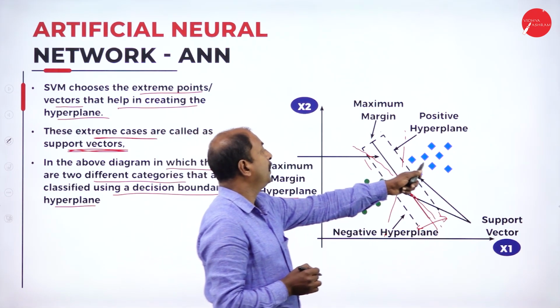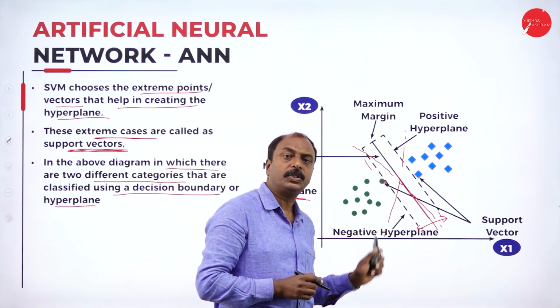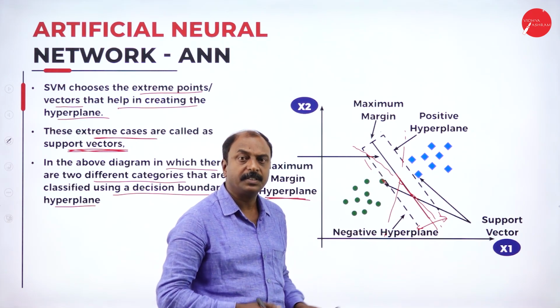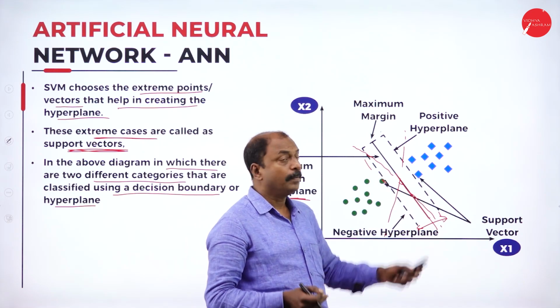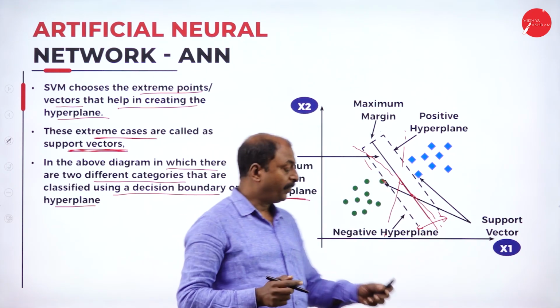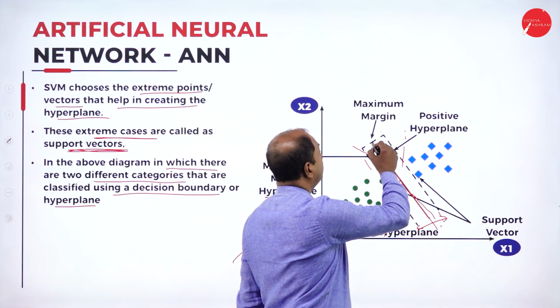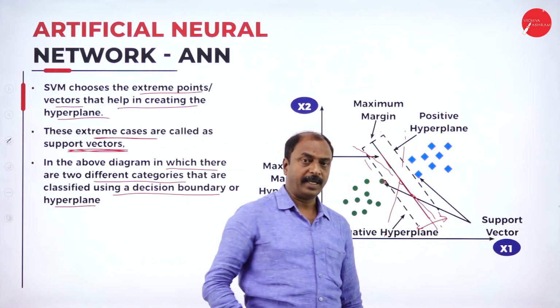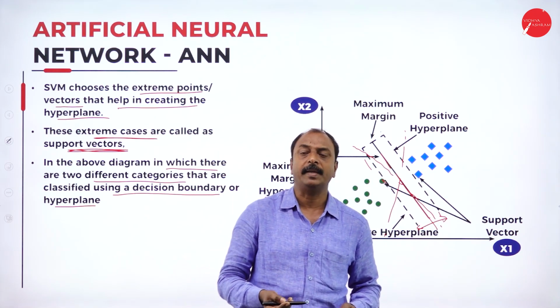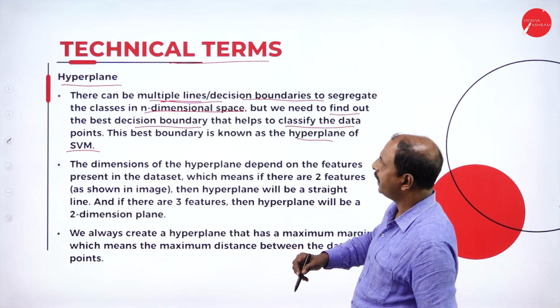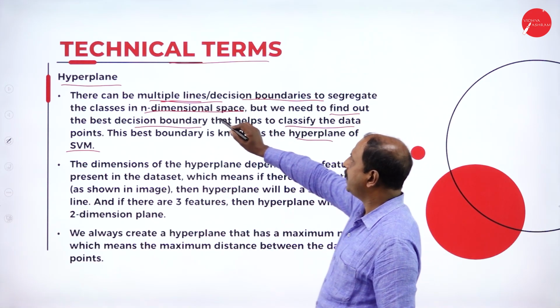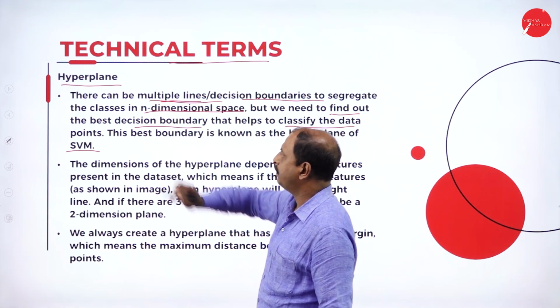That is the meaning of multiple lines. It is possible to separate two given data sets into classes with multiple lines, but the concept is we have to select the best boundary line among multiple lines. That is the definition of hyperplane. So we have to select the best boundary line, that is the hyperplane.